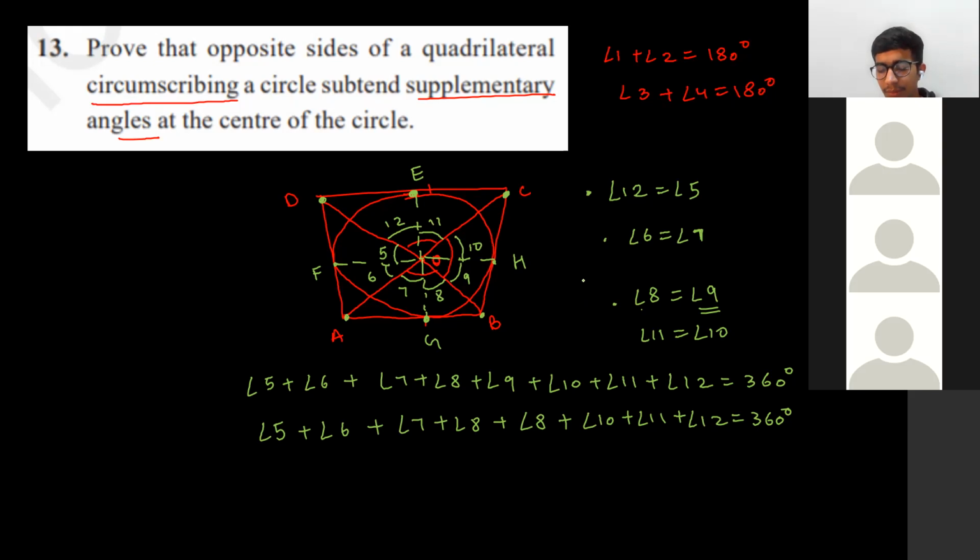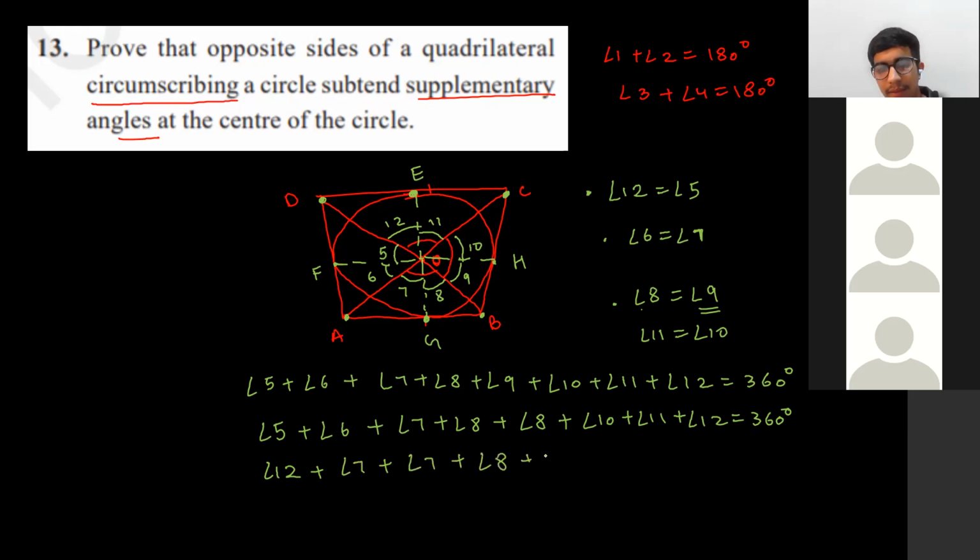Now you just have to substitute these values. So angle 12 is equal to angle 5, so angle 5 can be written as angle 12. Angle 6 can be written as angle 7. This is angle 7 itself.